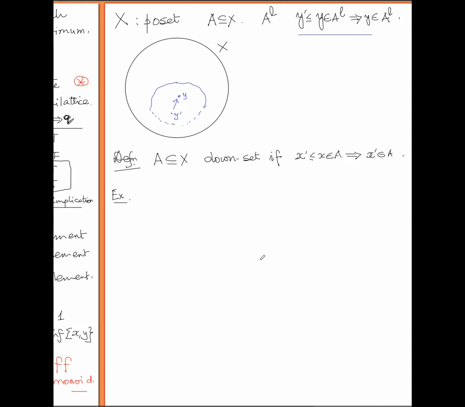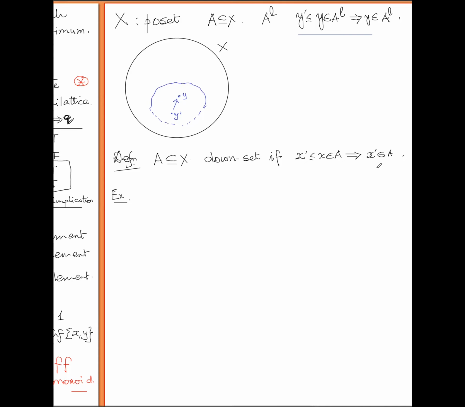The set of all negative integers. Okay, good, provided your X was integers, right? Correct. But for any arbitrary poset X, this definition should immediately trigger the first example of a downset.